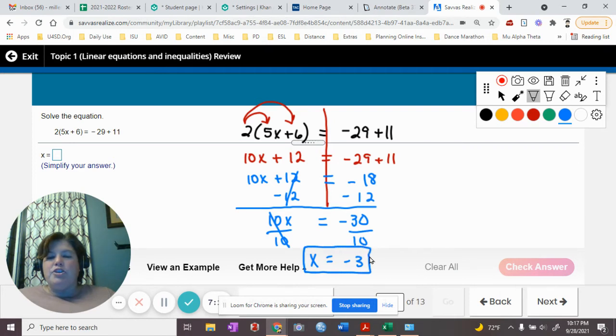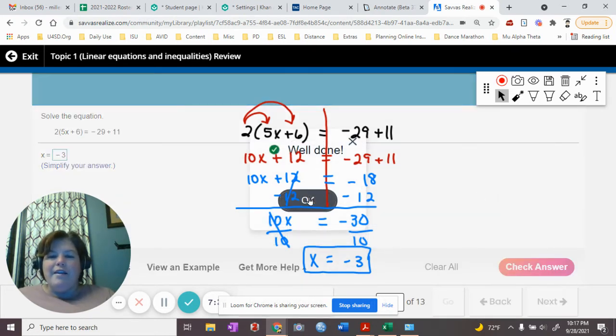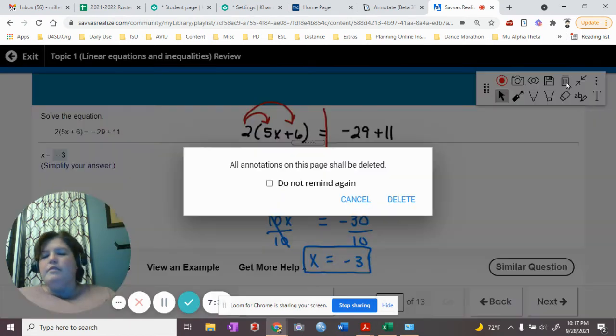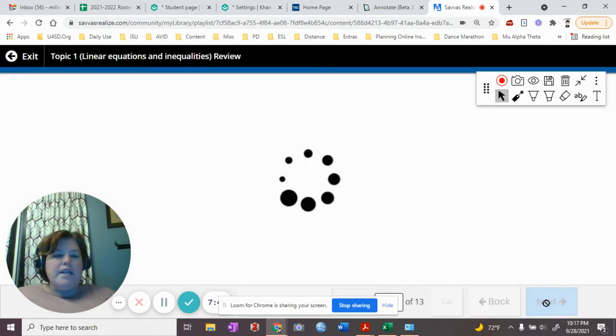Again, you can double check that by substituting into your equation, or in this instance, since this is a practice, you can substitute in, check your answer, and get your well done. Okay? That is question 3 of 13.